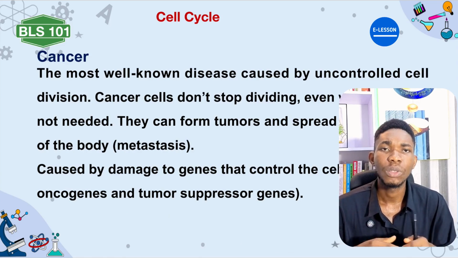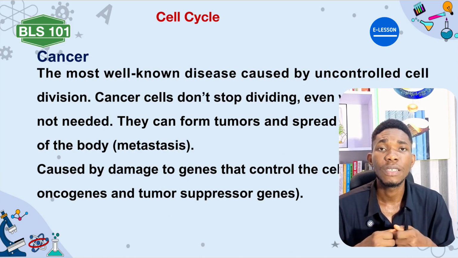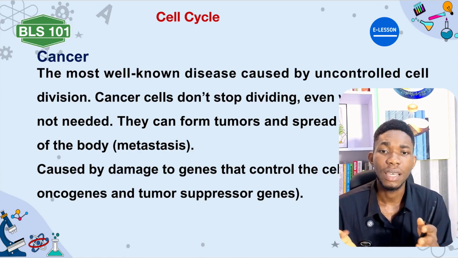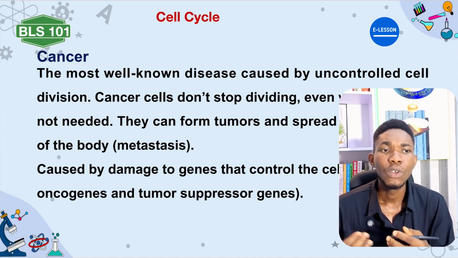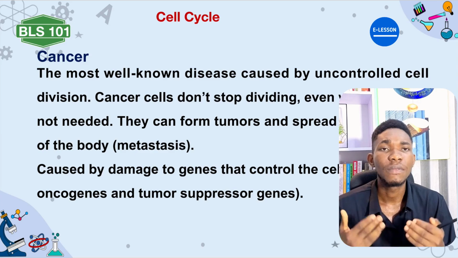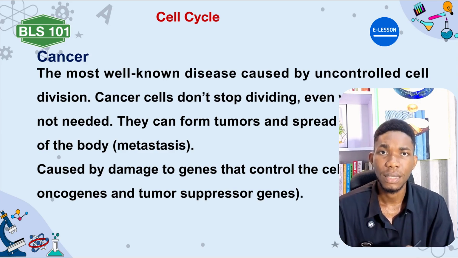And we said that one of the clinical applications of this branch of biology that you studied is in cancer. We said that cancer is a disease caused by uncontrolled cell division. So when there is uncontrolled cell division, it tends to lead to cancer.